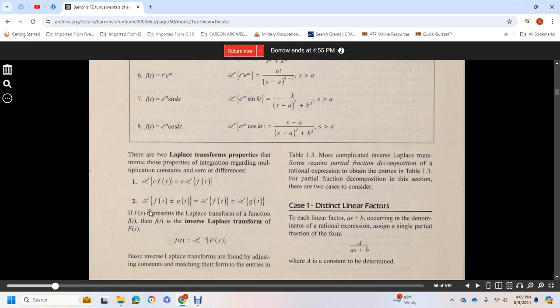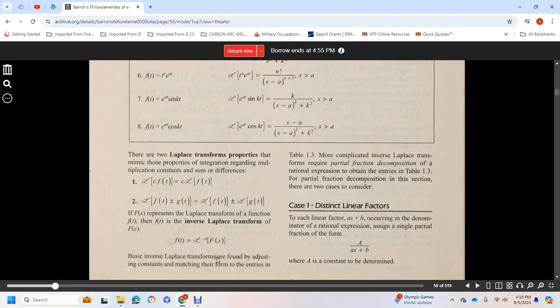The function F(s) represents the Laplace transform of f(t), and f(t) is the inverse Laplace transform of F(s).